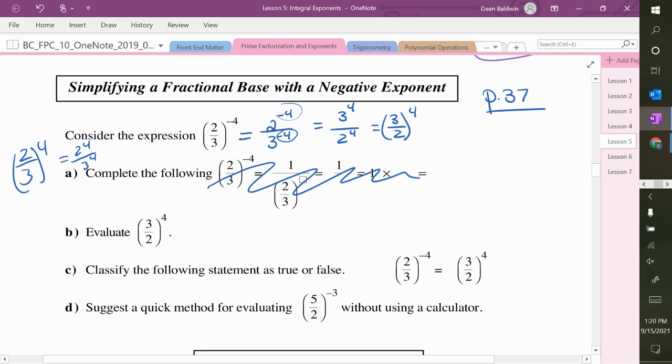Does everybody agree with that? Okay. Instead of doing all that junk in the middle, what's the shortcut to get from there to there? Exactly. You just take your fraction, flip it so it becomes 3 over 2, and then the exponent goes from negative to positive.